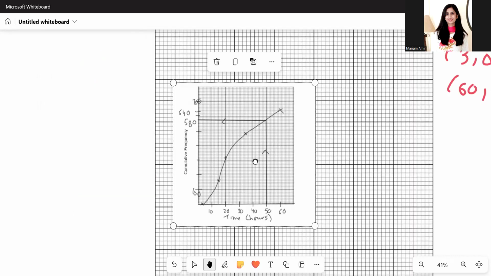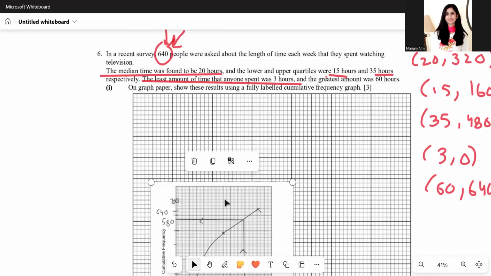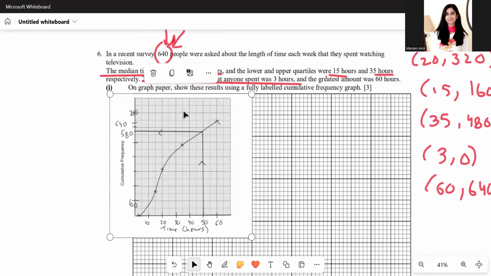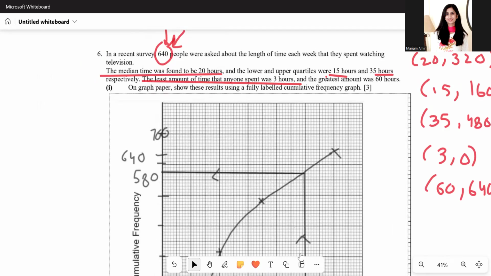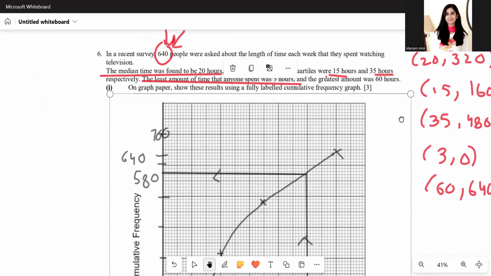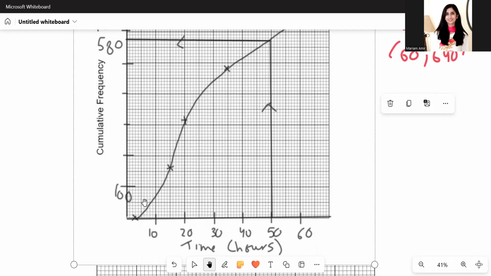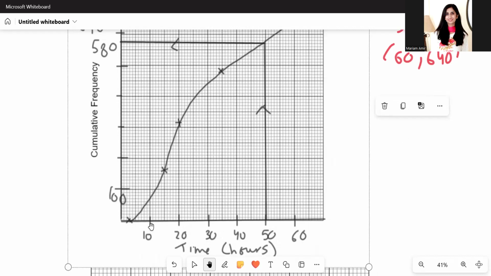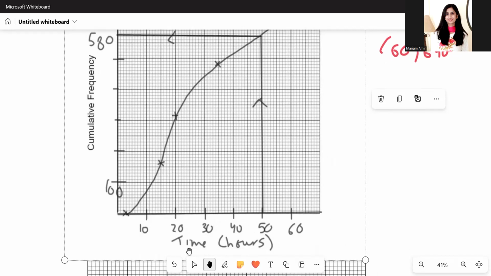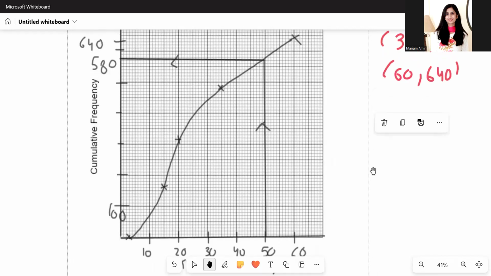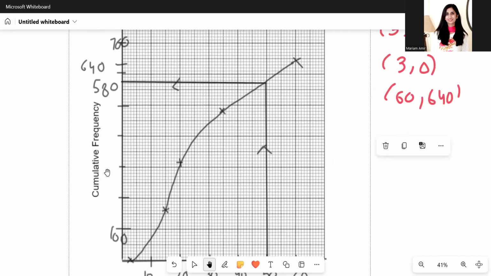Okay, so I plotted all 5 points and then joined them with a smooth curve. After choosing an appropriate scale, let's take a look at the scale. The scale I chose was 2 centimeters is 10 hours, another 2 would be 20, and so on all the way till 60. Remember to label the axes: x-axis is time in hours, and y-axis is the cumulative frequency.